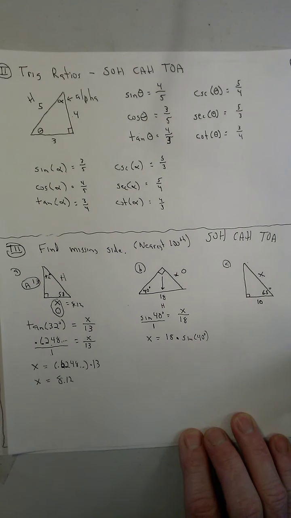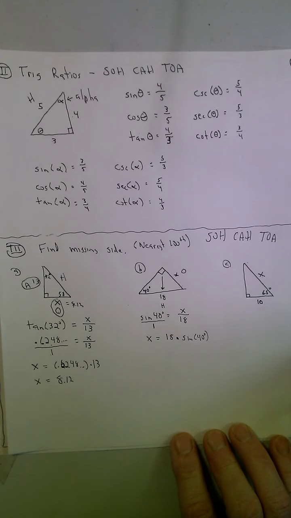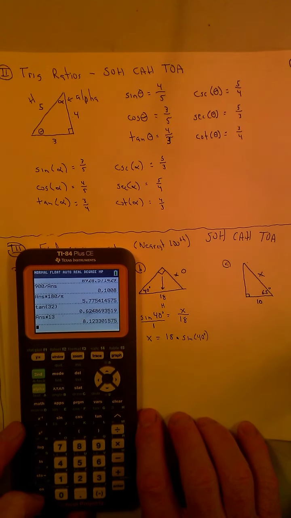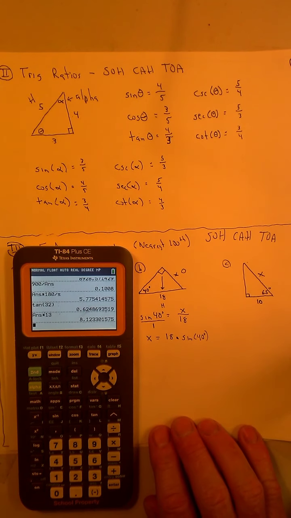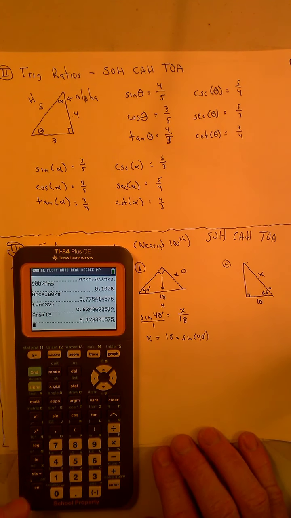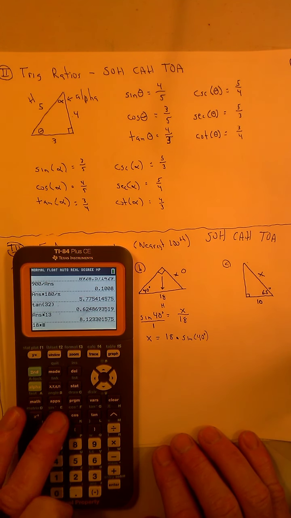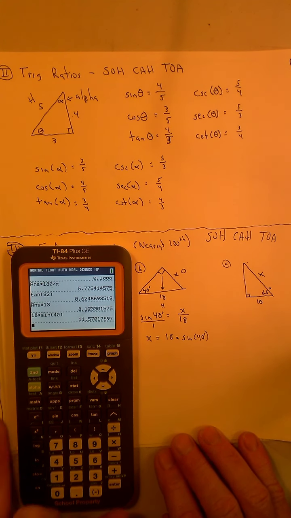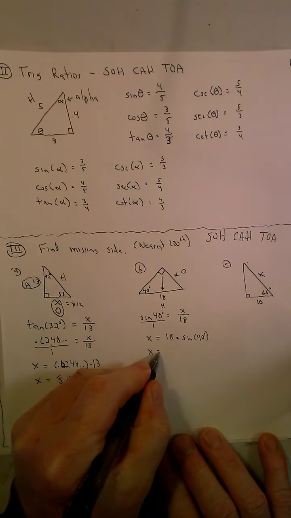So I just do my calculator. 18 times the sine of 40 degrees, and then I round that to wherever I want to round, 11.57. So x equals 11.57. So it's the same process, just a different trig function.